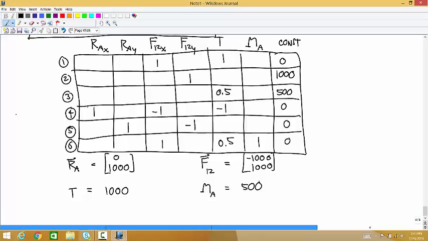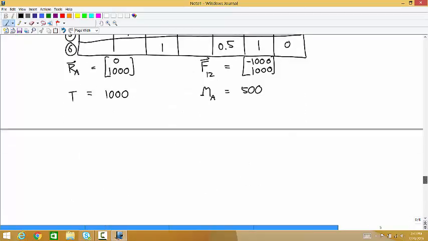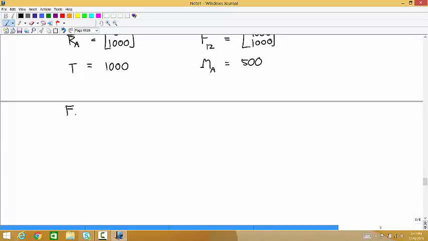Okay. And we want to calculate the internal loads on the diagonal member. So let's redraw the free body diagram of the diagonal member. That was member 1. We have a horizontal force from the cable of 1,000.